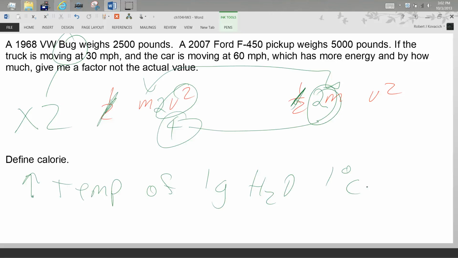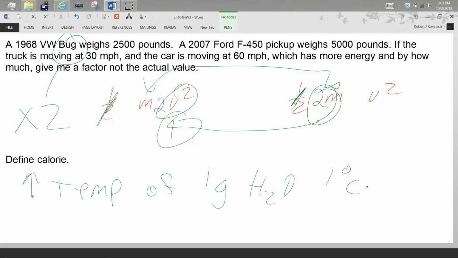This is how people figure out the number of calories in a particular foodstuff. Does anybody know how that works? How do you figure out how many calories are in a piece of Wonder Bread? They take a gram and put it in a chamber that measures temperature, and they let it catch on fire, and then they measure how much heat has been released.